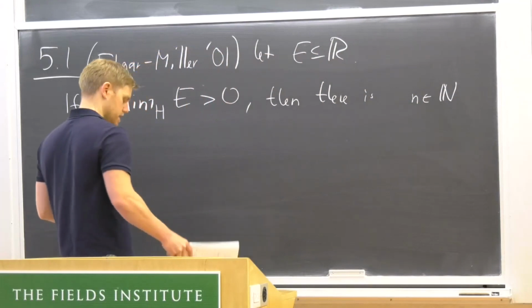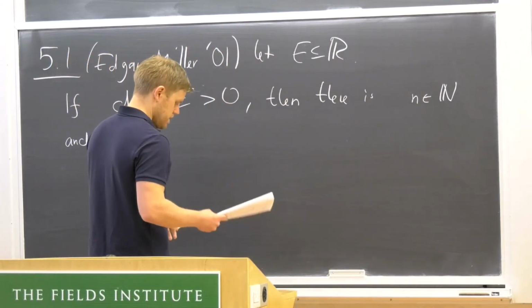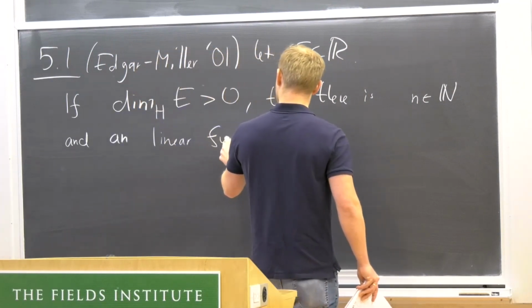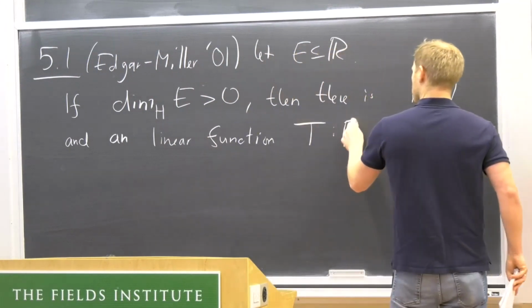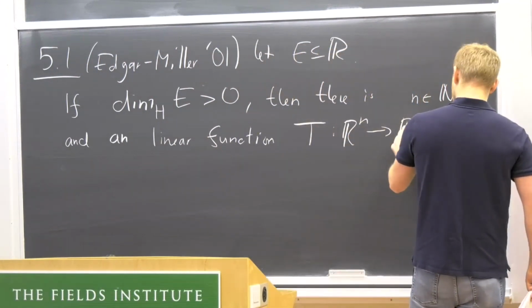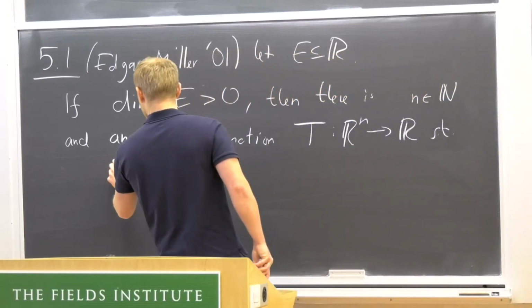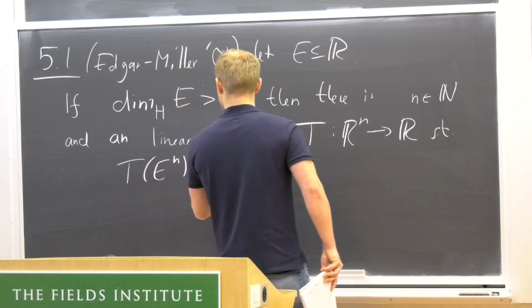Then there is N in the natural numbers and a linear function T from R^N to R such that T applied to E has interior.